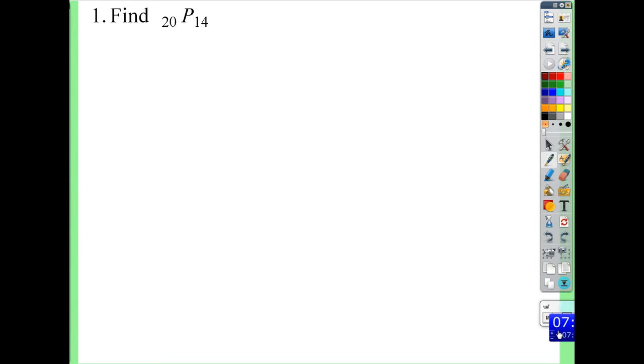20P14, if we were to follow the formula, that'd be 20 factorial over (20 minus 14) factorial, and 20 factorial over 6 factorial.